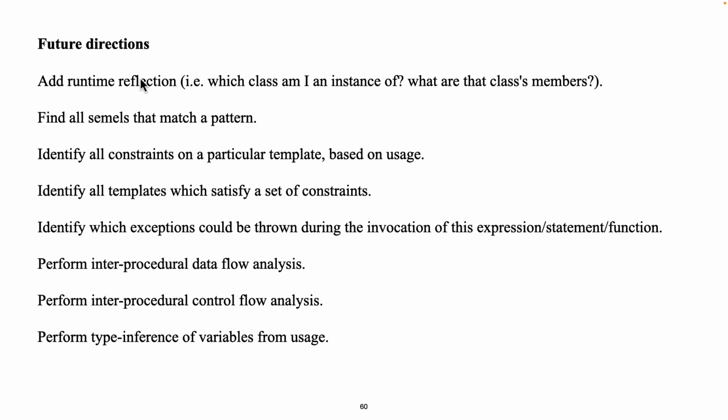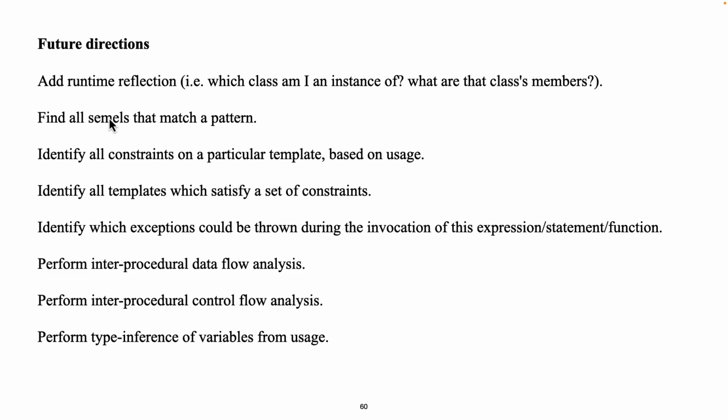The Semel Editor could generate runtime reflection. I don't mean the new compile time reflection that's going to be in C++26. I mean, given a pointer to an object at runtime or a reference, you can say, which class am I an instance of? What are that class's members? This is similar to Java reflection.